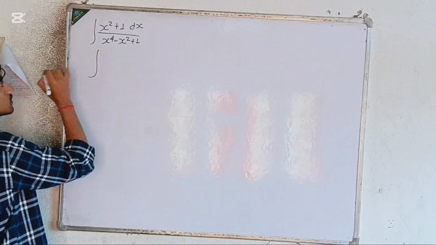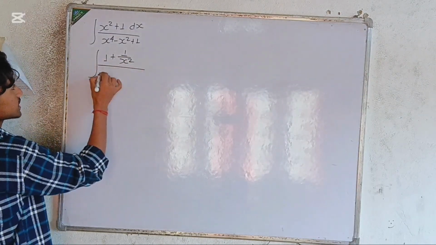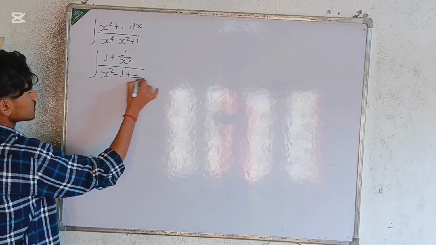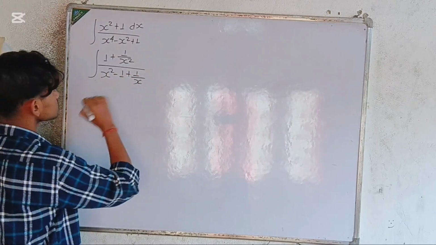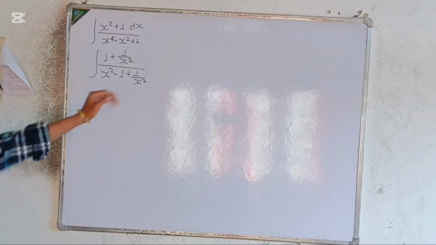So I'm going to write it as 1 over x squared, divided by x squared minus 1 plus 1 over x squared, right? So I'm going to write it like this.